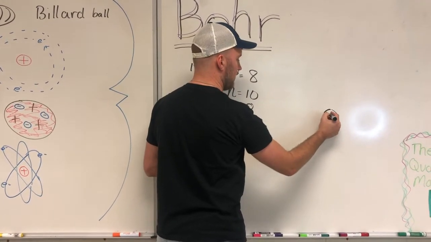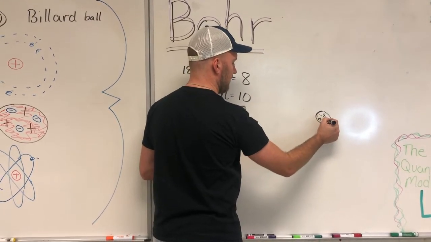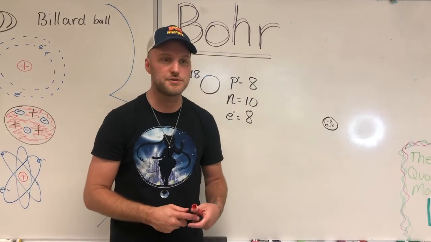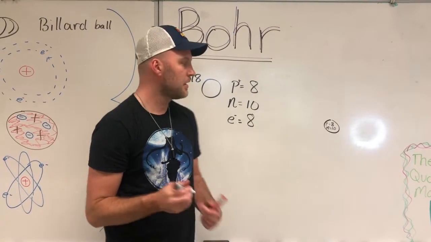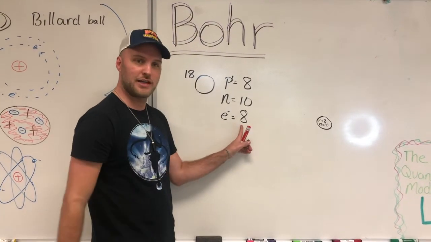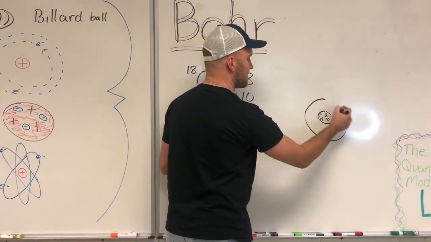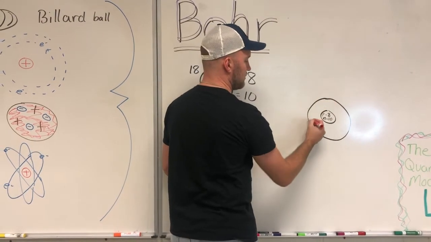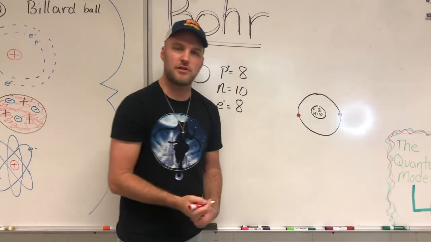This time I'll say protons equal 8, neutrons equal 10. I'm not going to draw all the individual circles, though if you're feeling artsy and you want to color code them, that's wonderful. Live your best life. Now I need to put in a total of 8 electrons. Remember, from hydrogen, we can fit a maximum of 2 in the first energy level, so I'll place those here now. For the time being, where you place them makes no difference to me.